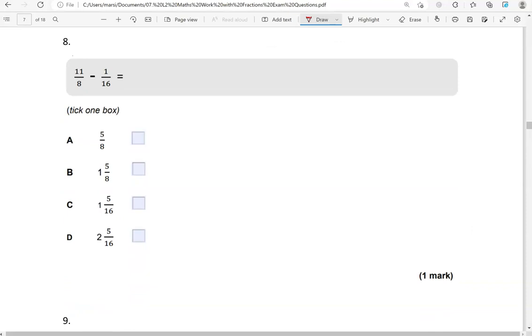11/8 take away 1/16. So common denominator for both can be 16. 8 times 2 gives us 16, so 11 times 2 is 22. And this fraction doesn't need changing, so 22 take away 1 gives us 21.